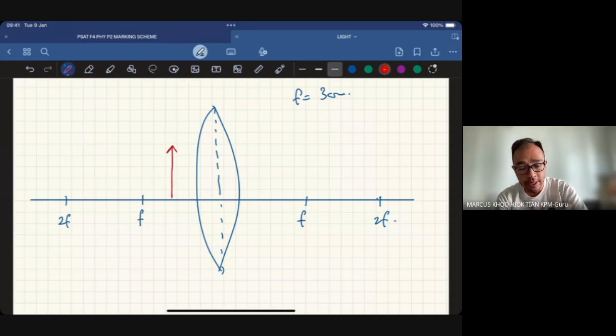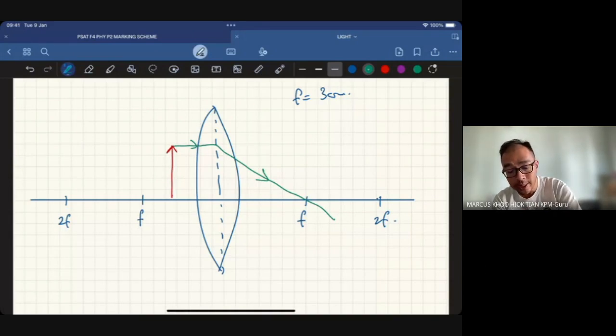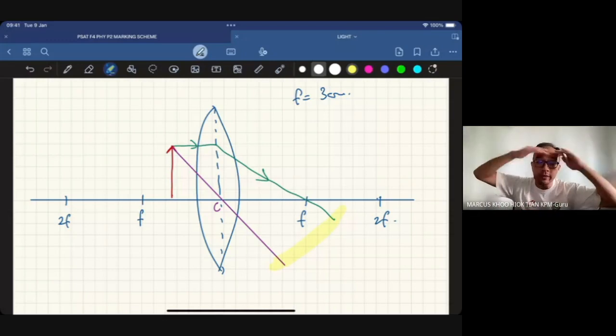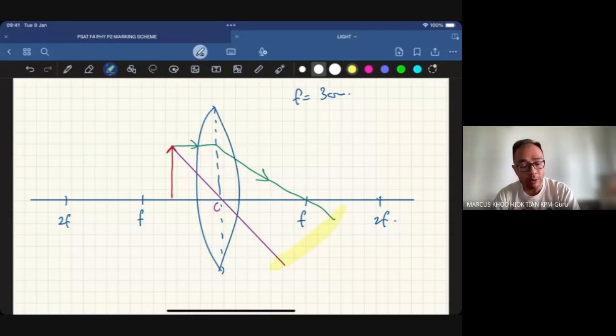So the first ray will be straight over here and then cuts to F. And then the second one is towards the center. So this is the center of the lens, so you cut over here. Let me see if I can draw it straight. Something like that lah. And obviously on this side, sebelah sini, it's not going to meet. It's going further and further away. So you have to extend it out to the back.